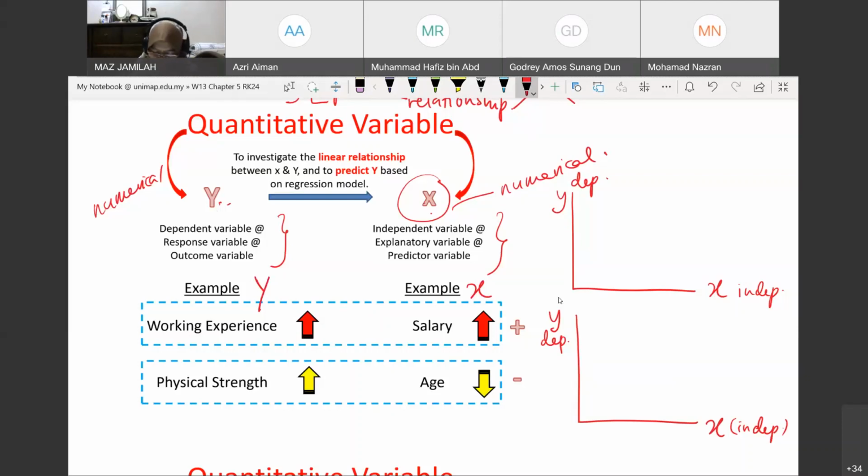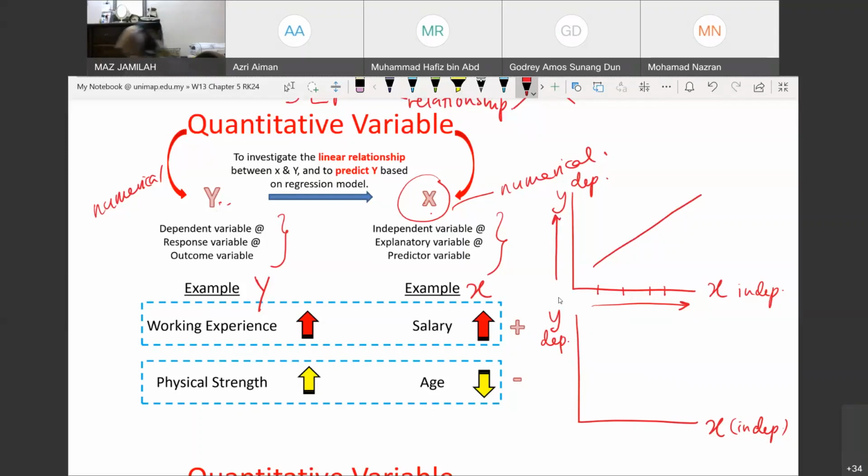So in this case, you can imagine that as x increases, the movement is outward, and when y increases, the movement is upward. When you have this kind of relationship, you know there will be a linear relationship between working experience and salary. Now take age and physical strength.